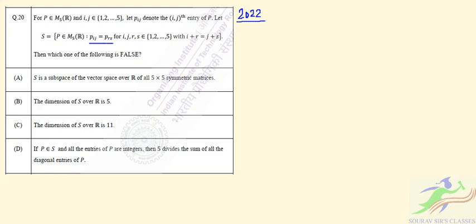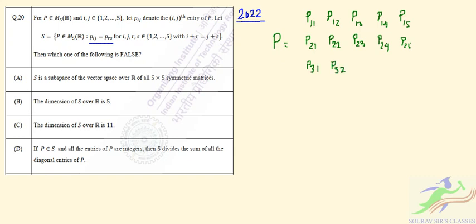So let us take one 5 by 5 matrix. The matrix P we can write as P11, P12, P13, P14, P15. Next is P21, P22, P23, P24, P25.